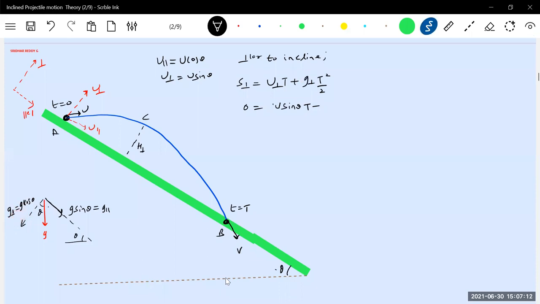I'll write g. How is it directed? g perpendicular is opposite to U perpendicular, so this should be negative. So minus g cos theta t squared by 2. Therefore the time of flight equals 2U sin theta by g cos theta. This is the expression for the time of flight.